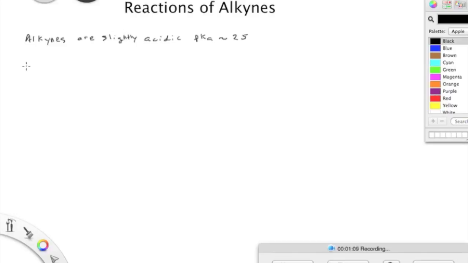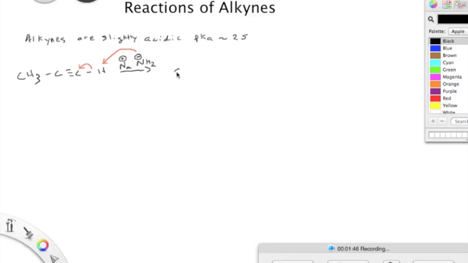So how you do this essentially is we can take our same old alkyne that we've been working with, and we're going to treat this with a very strong base. And so something like sodium amide is preferable. And so what's going to happen here is the negatively charged base here is going to come and pick up this proton, and it's going to put the minus charge there onto the carbon.